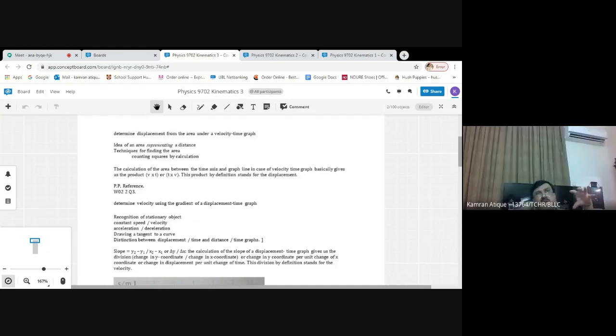Shabash, you are trying to justify that the quantity plotted on the y-axis, which is actually a speed, is being multiplied with the quantity plotted on the x-axis, which is time in this case. If speed equals distance over time, then definitely the distance has to be the product of speed and time.